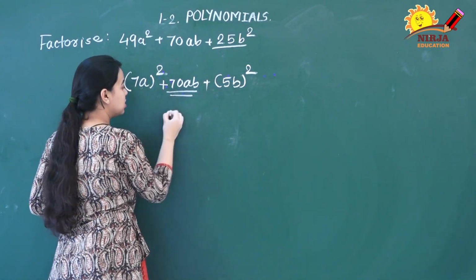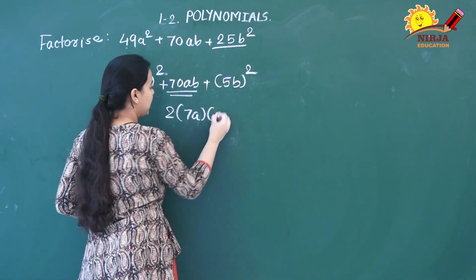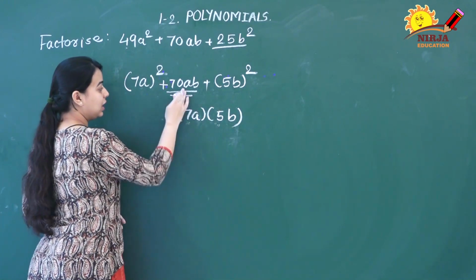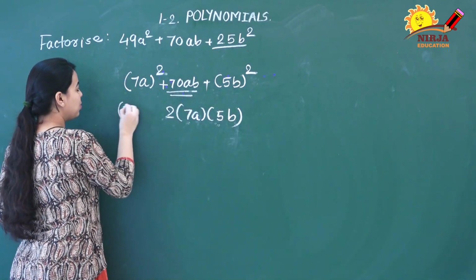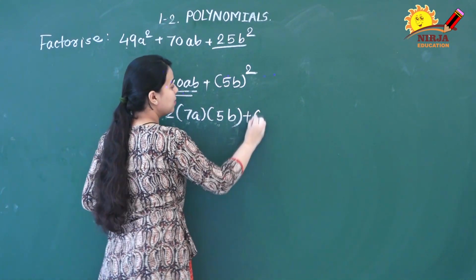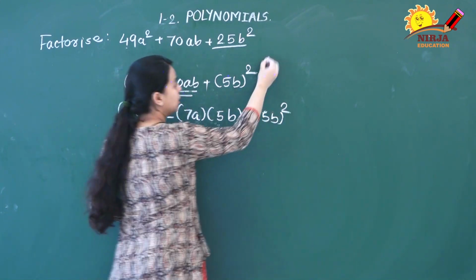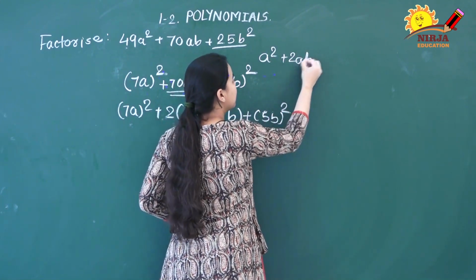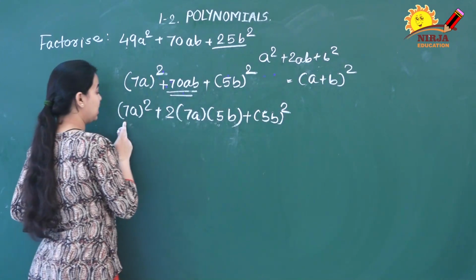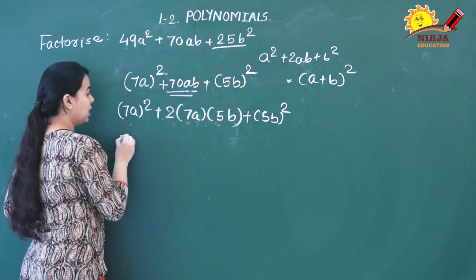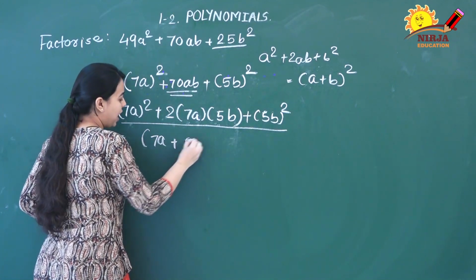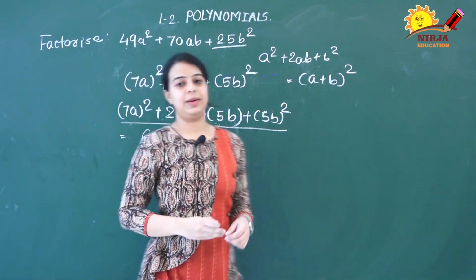If we rewrite this term, 7a multiplied by 5b: 2 7s are 14, 14 5s are 70, ab. So this polynomial is exactly like a square plus 2ab plus b square, and we know one identity: a square plus 2ab plus b square is equal to (a plus b) whole square. Here our a is 7a and our b is 5b. So in place of this we can write (7a plus 5b) whole square.